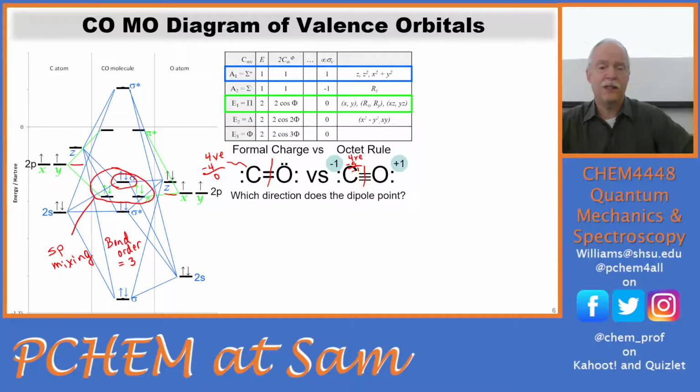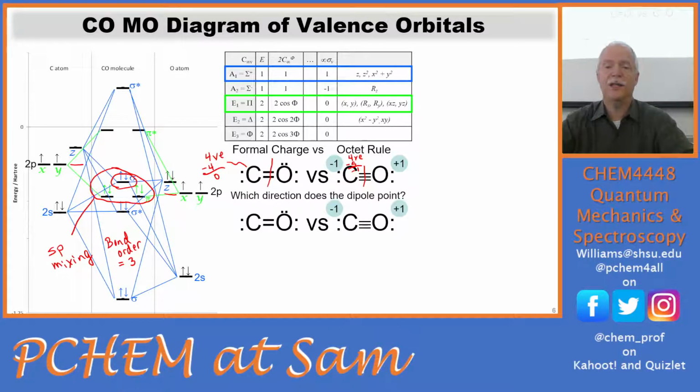Now, which direction does the dipole point? Okay, if we're looking at the octet rule, we see a big old positive charge on the oxygen and a negative charge on the carbon. And so that dipole would be pointing towards the carbon. Now, this is important because if we have a molecule of carbon monoxide and it nestles up to a cation, which end is going to touch the cation, right?